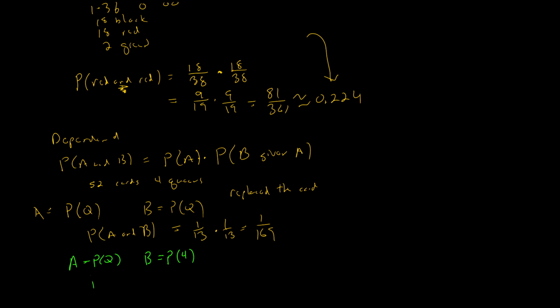When I first draw the queen, the probability of A is equal to 4 in 52, or 1 in 13. Now the probability of B, though, because I've already pulled one card out of the deck, is 4 in 51. Because I've removed one. And so the probability of A and B, given that B is affected by A, is 1 in 13 times 4 in 51.